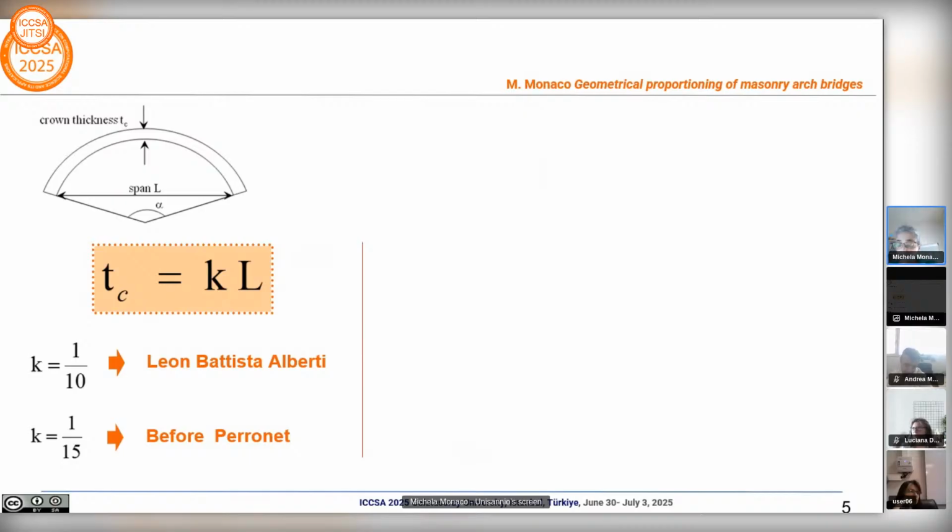But these relations are not safe for large spans and unsafe for very small spans. But if you go to Delhi, you will be able to find a wide set of geometrical formulas for masonry arch bridges, which take into account the relation between crown thickness and span.